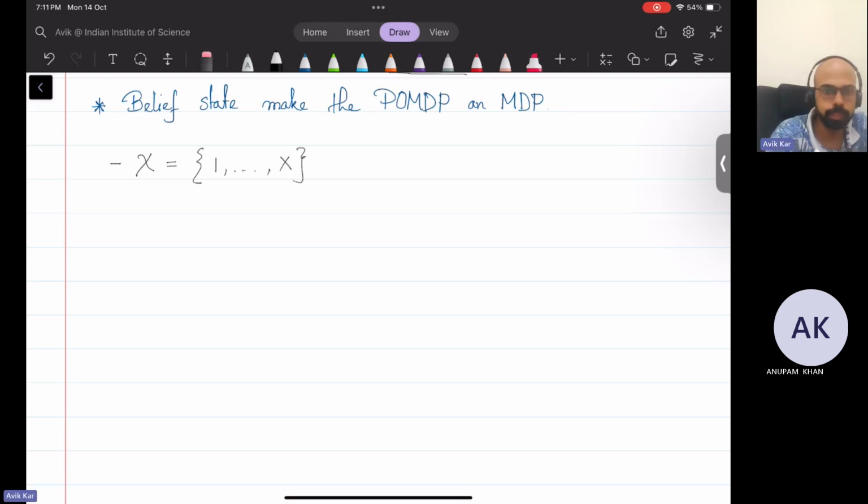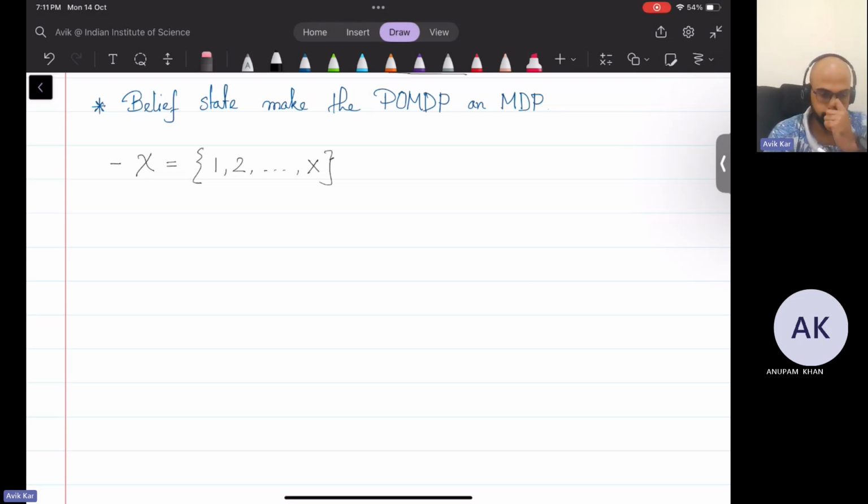So this calligraphic X denotes the state space, 1, 2, ..., capital X. So capital X is the cardinality of the state space, which is finite.